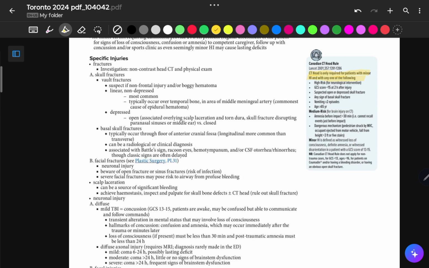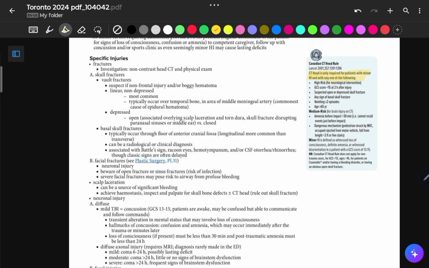High risk for neurological intervention: if the GCS is less than 15 at 2 hours after injury, then you need to do a CT. If suspected open or depressed skull fracture, you do a CT. Any signs of basal skull fracture, you do a CT. Have they been vomiting for more than 2 episodes? Are they more than 65 years old? Then you do your CT scan.